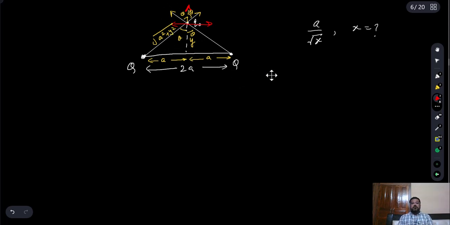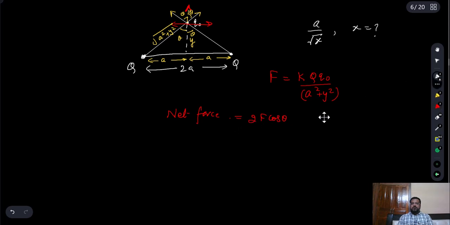So the force expression will be F equals K times Q naught over r square, which is a square plus y square. As I told you, this is one force. But since the cos components add up, the net force will be 2 times F cos theta.